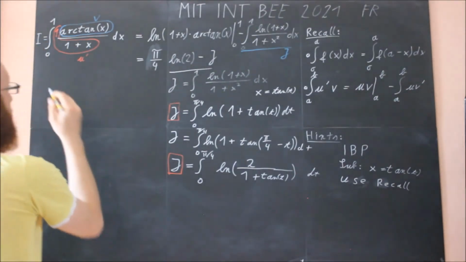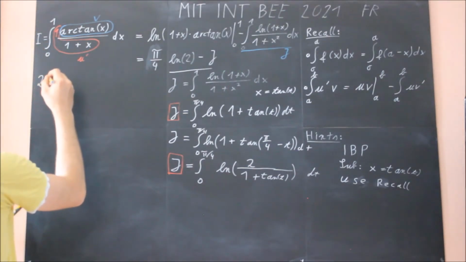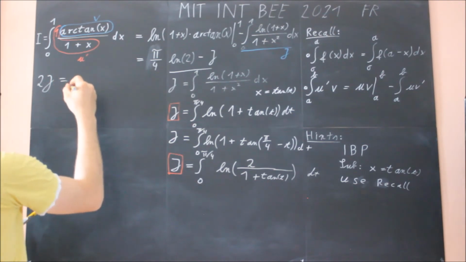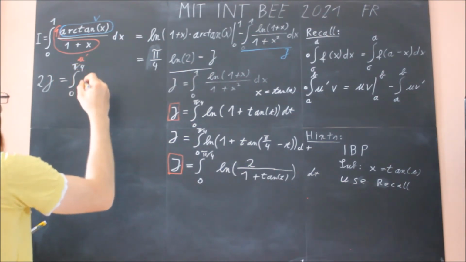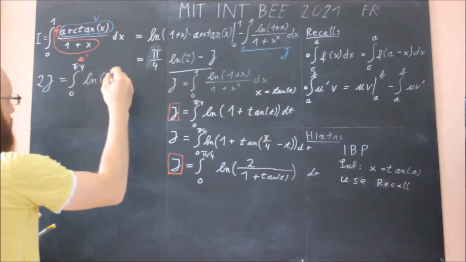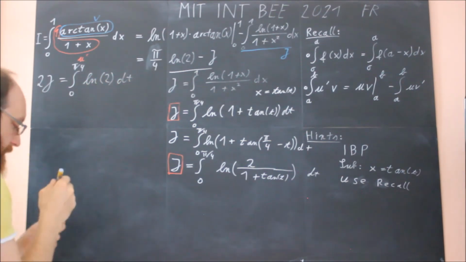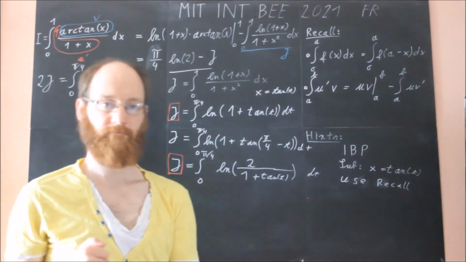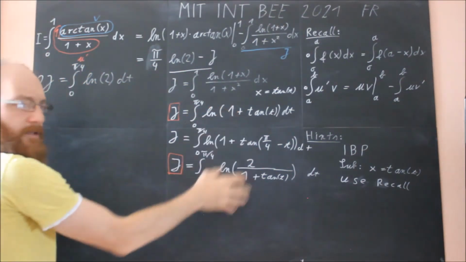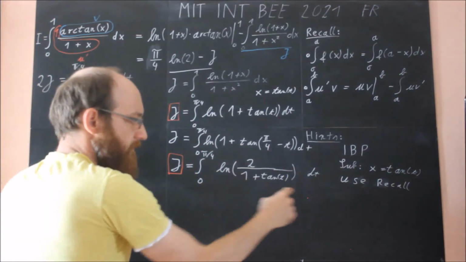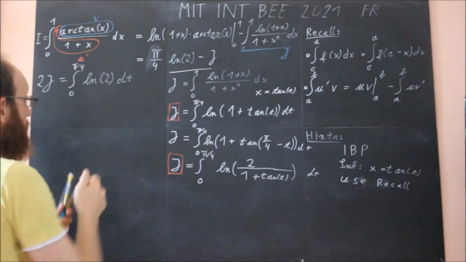So what we get is 2j is the integral from 0 to pi over 4 of the natural log of 2 dt. How beautiful is that? Also here, write that down, add them up, and you see that the tangent cancels out.